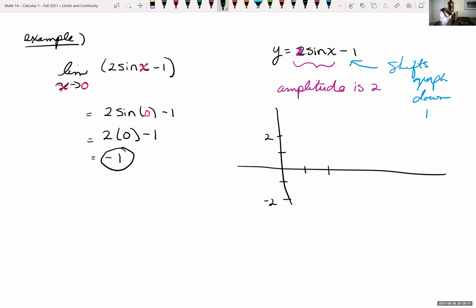And so let's put on the important points here, like pi halves, pi, 3 pi halves, 2 pi. So negative pi halves, right? Negative pi, negative 3 pi halves, negative 2 pi.